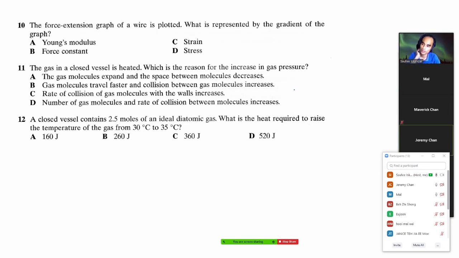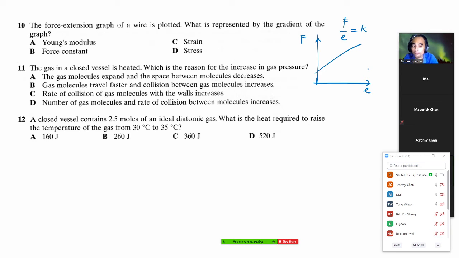Next, for the force extension graph of a wire, what is represented by the gradient of the graph? So we have force against extension. Is it Young's modulus? F divided by E equals K, and K is actually the force constant.